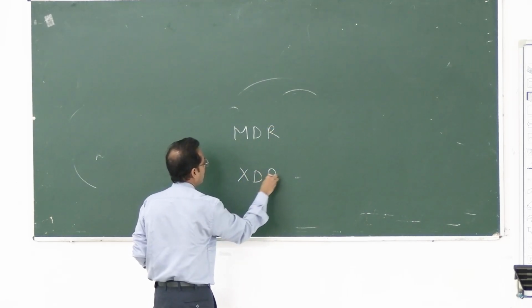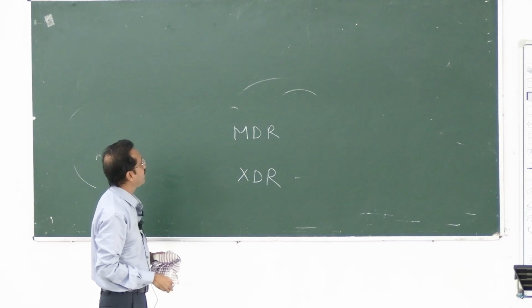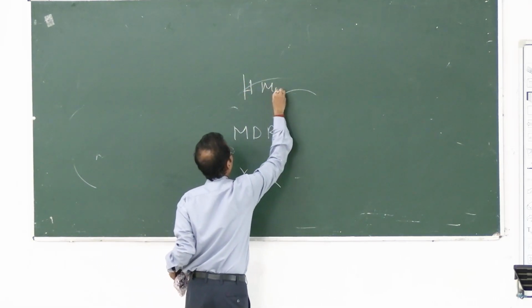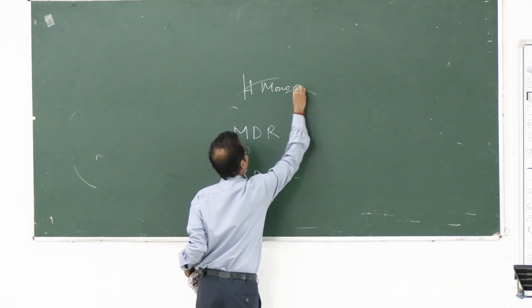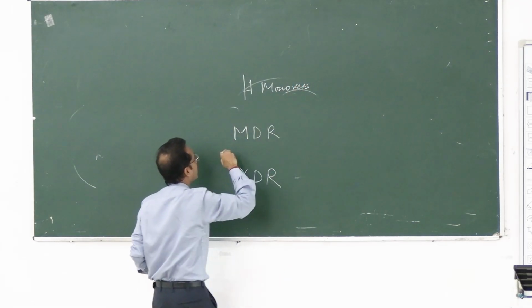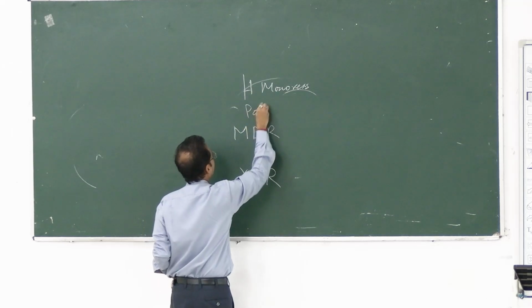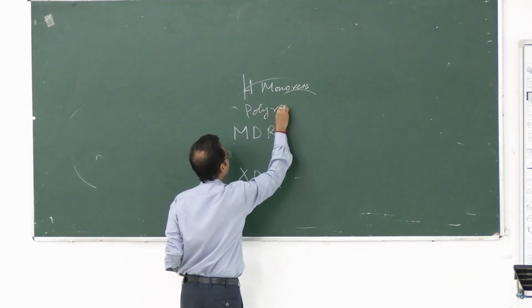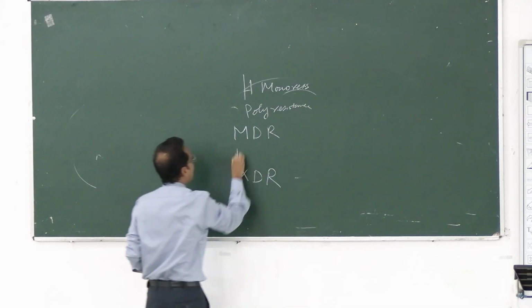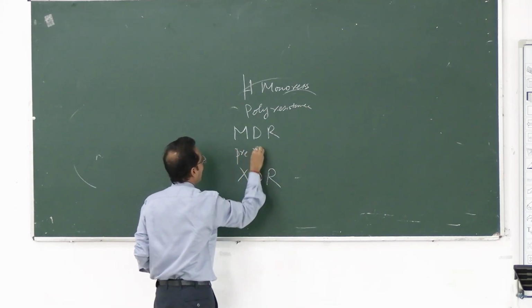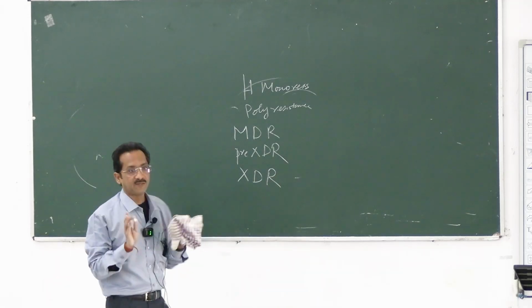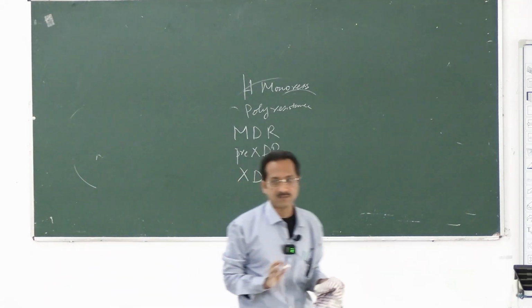But now there are H monoresistance, polyresistance, MDR, pre-XDR and XDR. You should remember the definitions also because this can be asked, because treatment is different for all these.